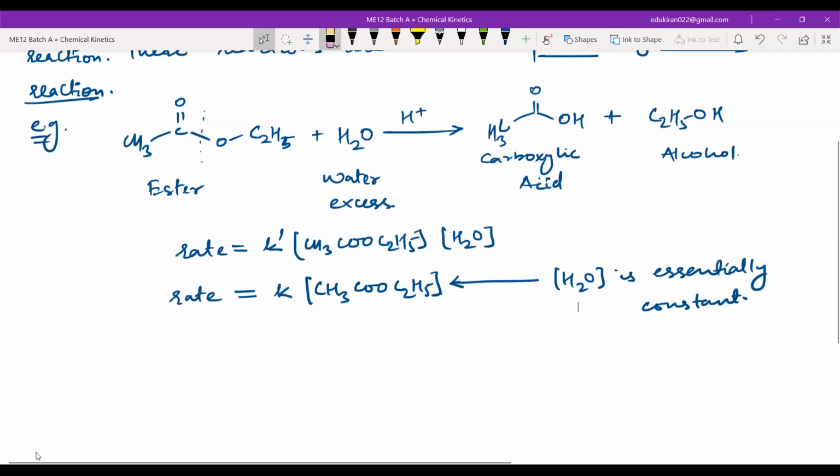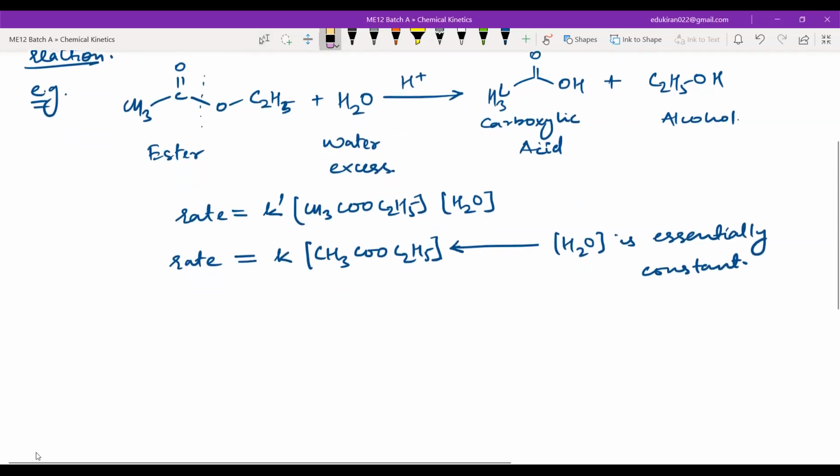I write one more example here. In those reactions in which hydrolysis of cane sugar or inversion of cane sugar happens, you have sugar. What is the formula for sugar? It is C12H22O11 plus H2O.